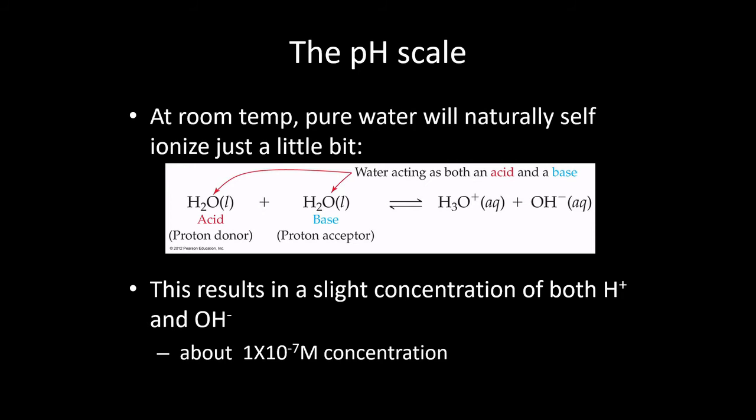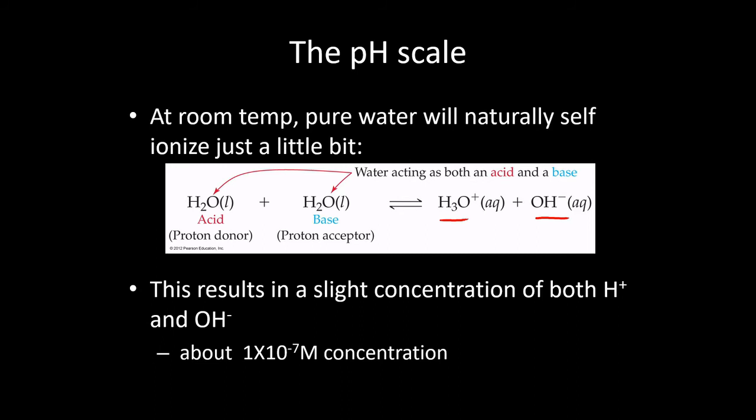And I hinted a little bit that it could even react with itself. And this is actually a really important reaction, the reaction between water and itself. You can have two water molecules that will react with each other. One will act as an acid, one will act as a base, and produce H plus and OH minus as a result. Now this is not a really strong reaction.